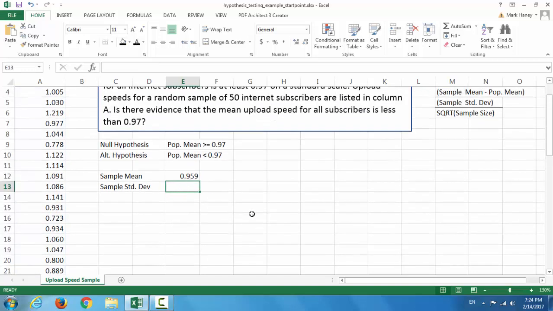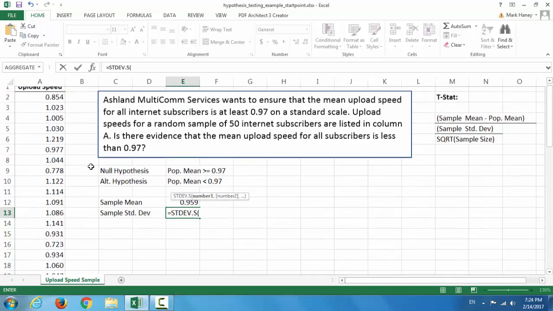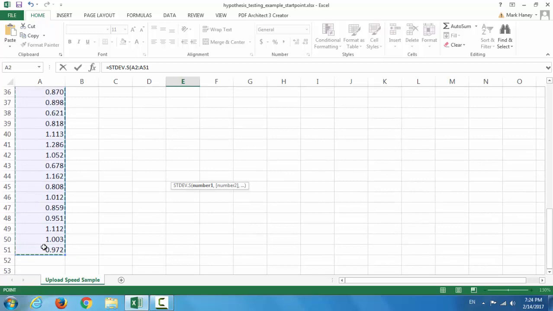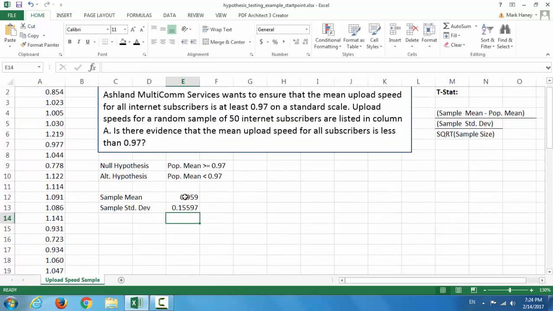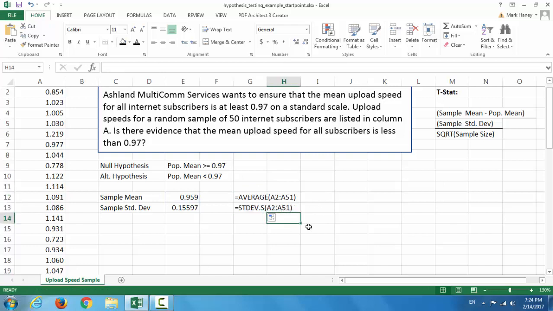For the sample standard deviation, I use the standard deviation for a sample function, equals stddev.s, and then in the parentheses you select the sample values. So again, I'm going to put a formula over here so you can see the functions. So there I have my sample mean and my sample standard deviation.